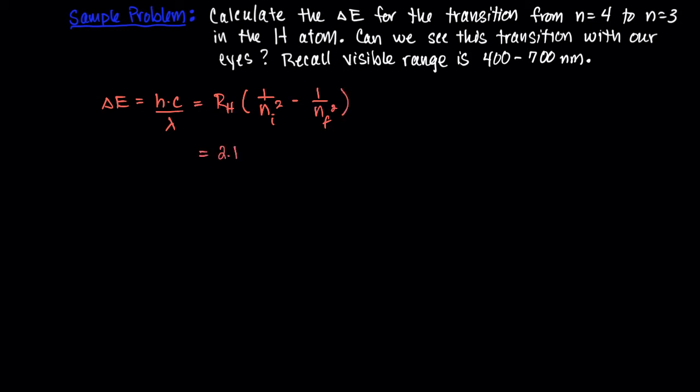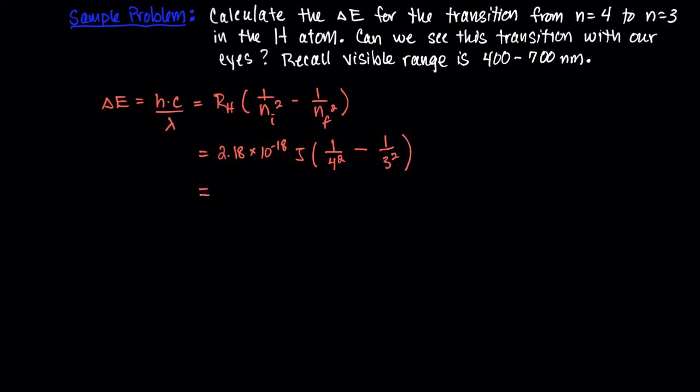So 2.18 times 10 to the minus 18th joules times 1 over 4 squared, we're starting out in n equals 4, minus 1 over 3 squared.